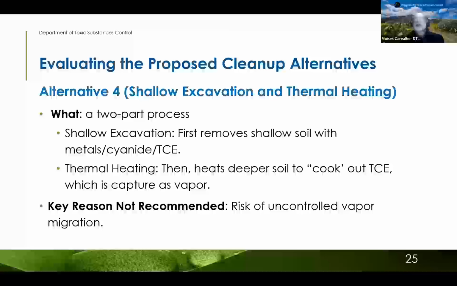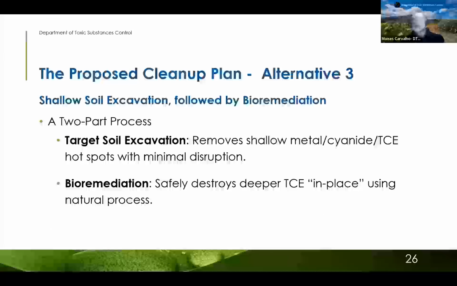And finally, the proposed cleanup, alternative 3, which is soil excavation followed by bioremediation. Similar to the previous cleanup alternative, alternative 3 is also a two-part process. First, it is a targeted soil excavation for metals, cyanide, and TCE.